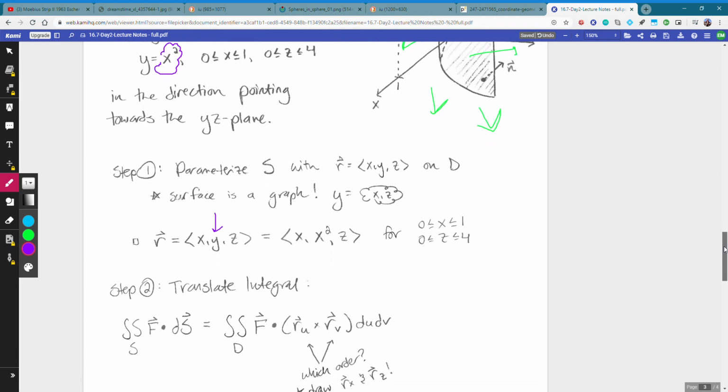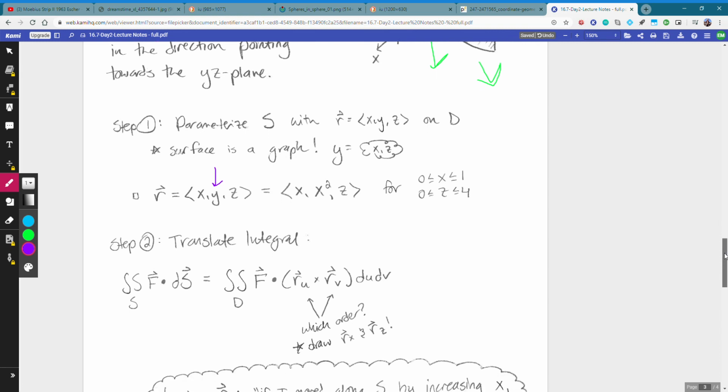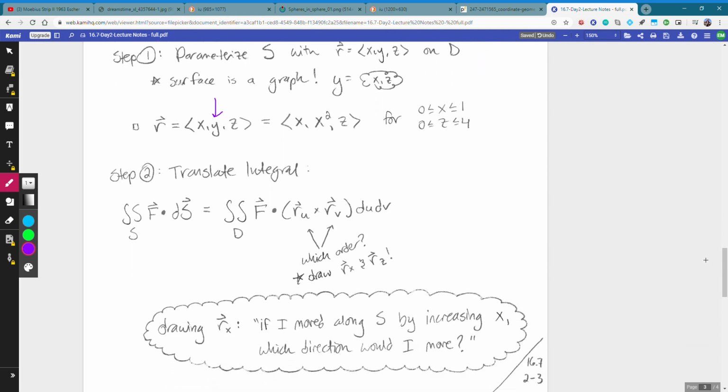All right, so once we have our parameterization, we can now go ahead and translate our integral. And so we have our translation formula from above for our surface integral. We know that we're either going to get, for us, Rx cross Rz or Rz cross Rx.